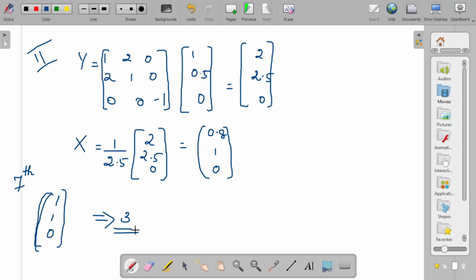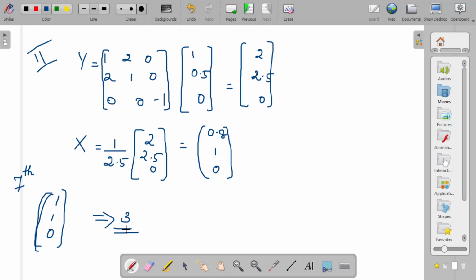This you will try and find out. When you do this iteration several times, almost till around the 6th to 7th time, you will find the eigenvector as 1, 1, 0 and the highest eigenvalue corresponding to that as 3. This you can work out and find out.